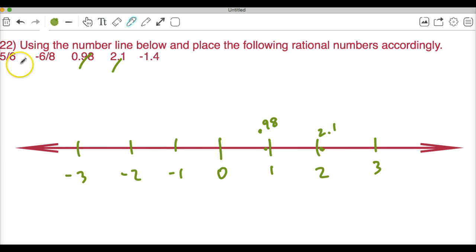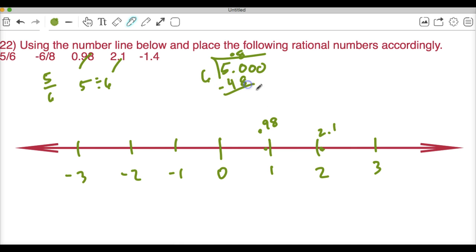Next I have 5/6. Because I'm not sure if it's on the left or right of the 98/100, I'm going to convert this into a decimal. So that's going to be 5 divided by 6. And here I can tell that it is going to be smaller than 98/100, which was what I thought it was, but I just wanted to double check.